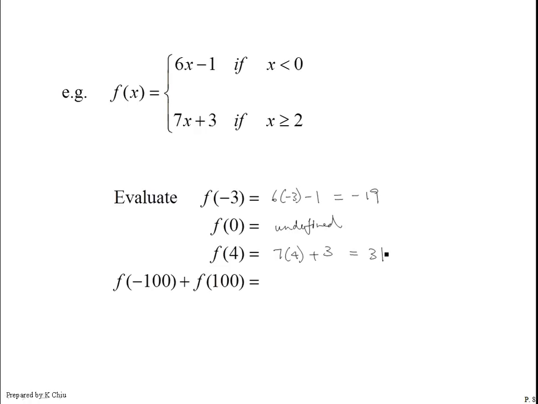How about f of negative 100 plus f of 100? Would that mean it would be f of 0, which is undefined? I add them up, negative 100 plus 100 is 0. We can use both, can we? Why should we use both?